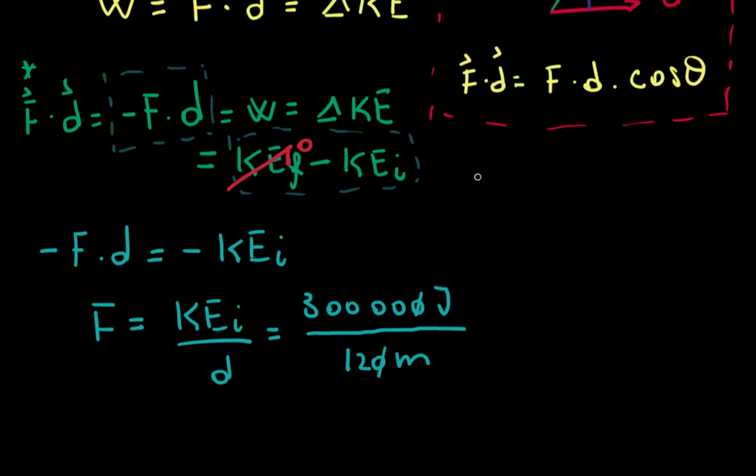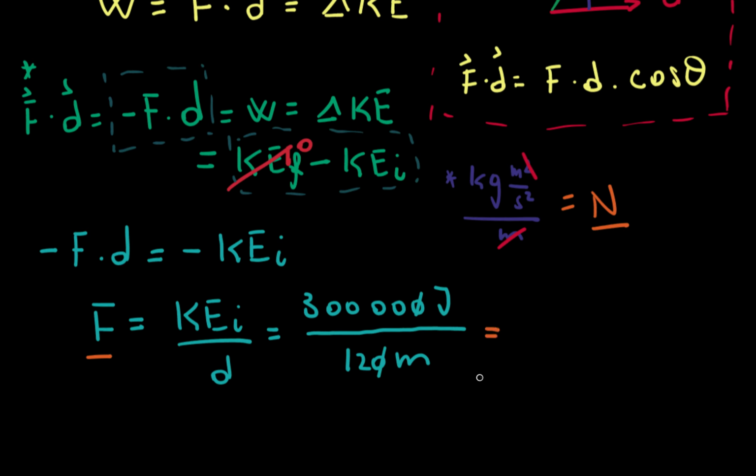Joules is a kilogram meter squared over second squared, and this is a meter here. So the meter goes away, the square goes away. You're left with a kilogram meter per second squared, and that just happens to be what we need, which is a Newton, right? We need a unit of force, so everything checks out.